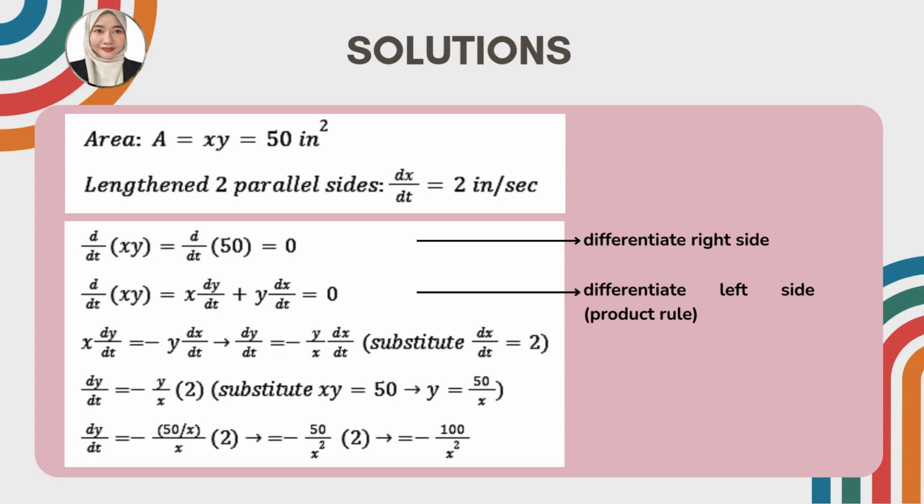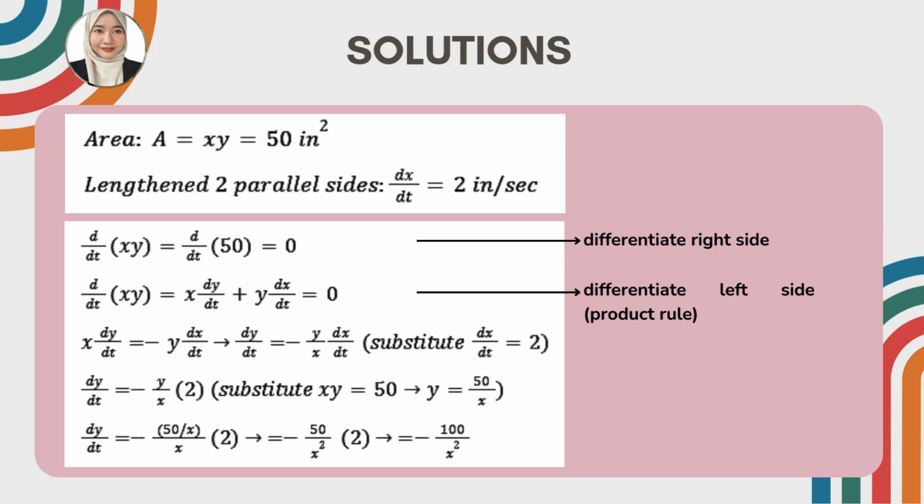As for the left side, xy is a product of two time-varying quantities x(t) and y(t), so I use the product rule. It becomes d(xy)/dt equals x dy/dt plus y dx/dt. So I get the equation x dy/dt plus y dx/dt equals 0.